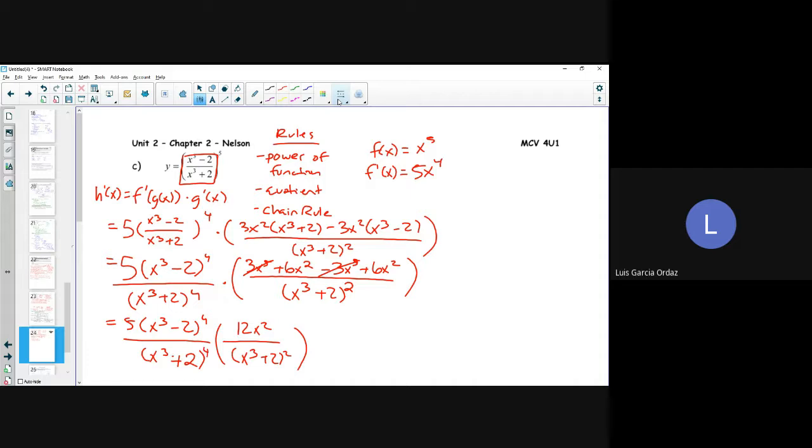All right. So now I want you guys to give me my simplified answer. What would my final answer be if I were to simplify everything? Our denominators can be combined using exponent laws because we have the same base, x to the 3 plus 2. So if you can write me the final answer, that would be awesome.